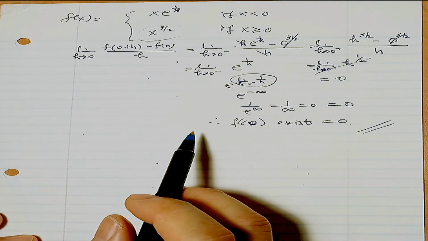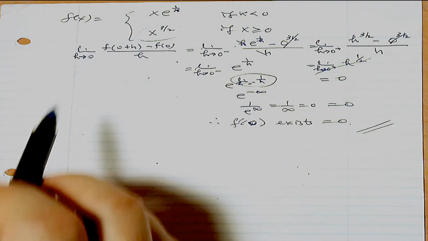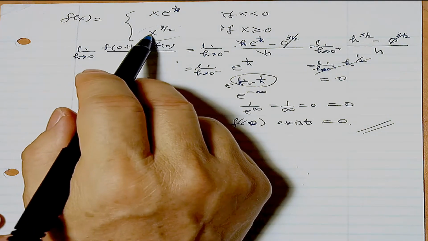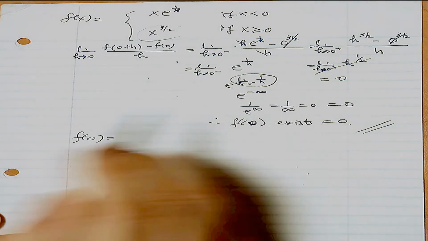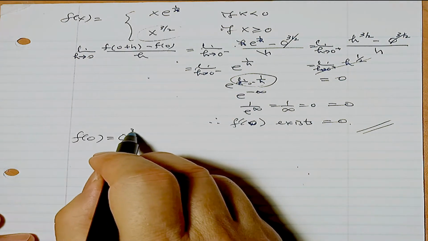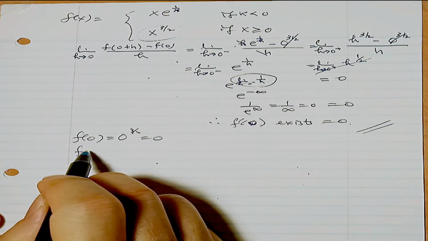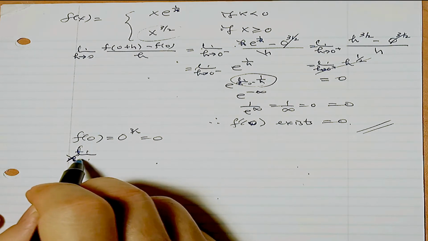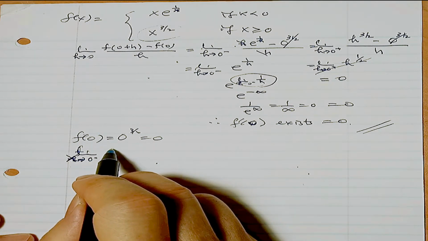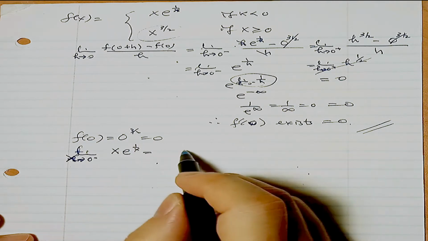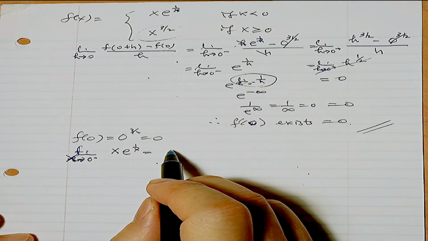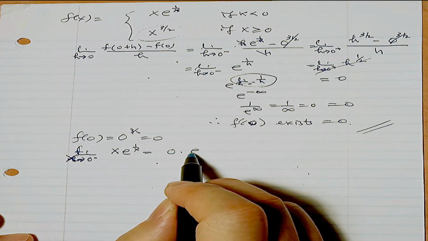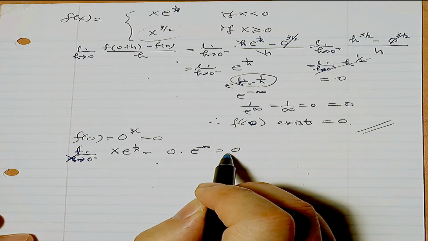Now usually, you also need to prove that it is continuous, but I think it should be easy to figure out because f of 0, not the derivative, f of 0 is 0 to the 3 halves, which is 0. And the limit as x approaches 0 from the negative side, which means I have to use this one, is 0 times e to the negative infinity, which is e to 0.